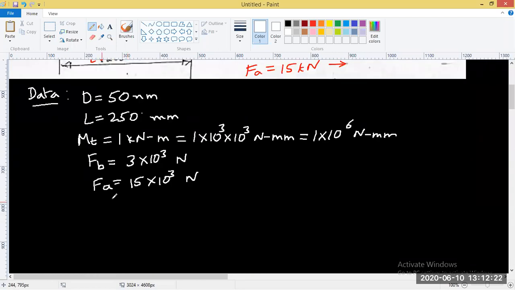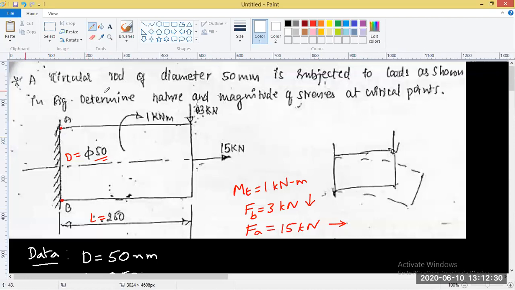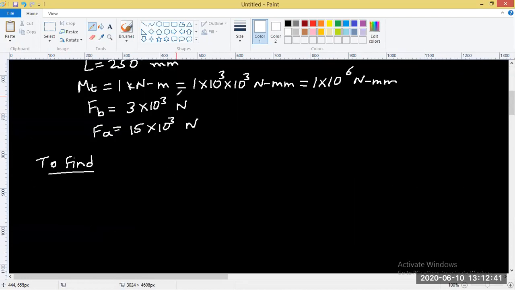Okay, so now what do we need to find? Let's go back to the question: nature and magnitude of stresses at critical points. Since there are 3 different kinds of conditions, we have axial stress, bending stress, and also shear stress.